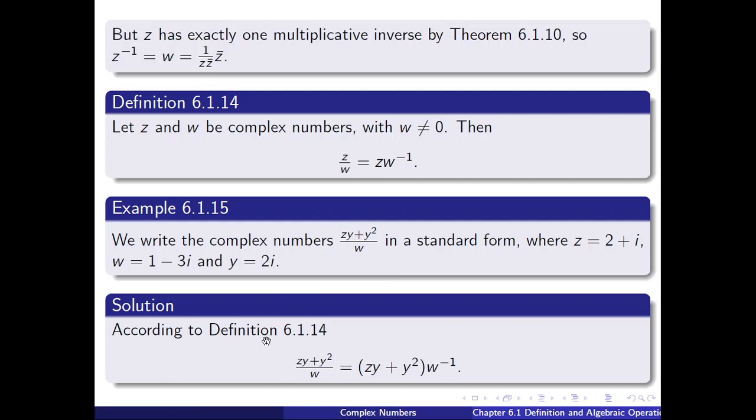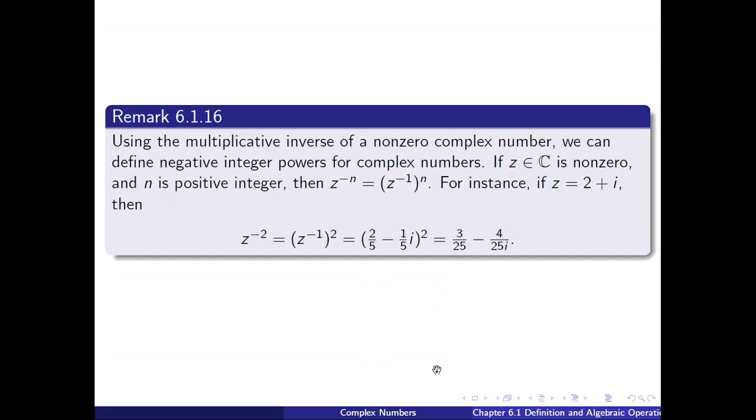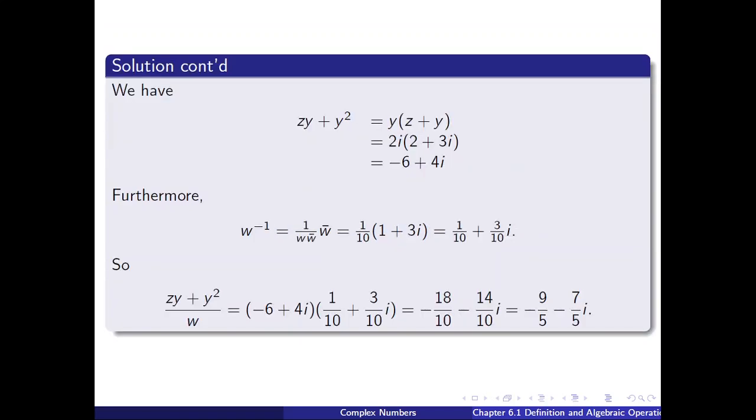According to Definition 6.1.14, for whatever is at the bottom, we have to multiply by its inverse, right? So we get zy plus y squared times the inverse of w. We can find zy plus y squared just by multiplication, and we get minus 6 plus 4i.